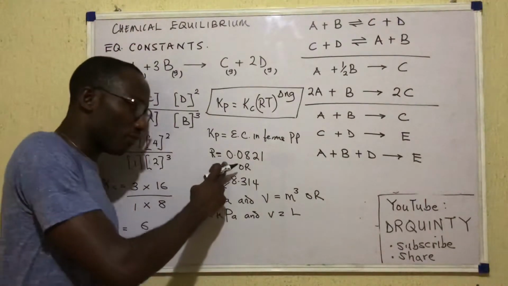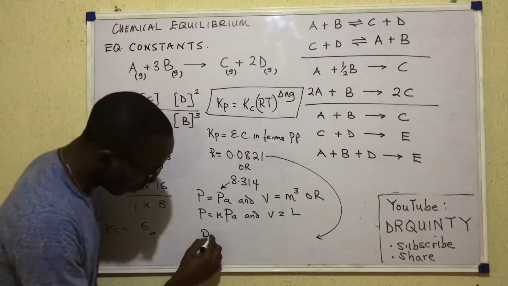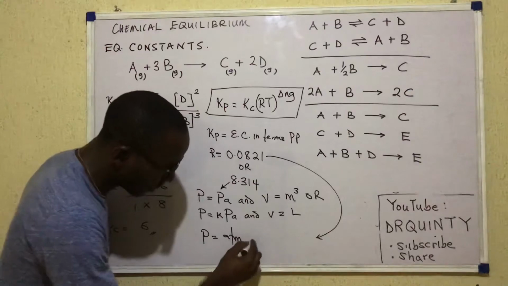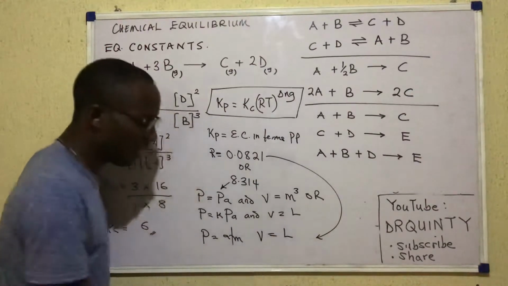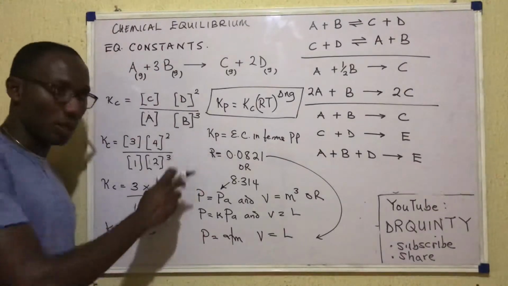Whereas the first value is what we use when pressure is in atmospheres and volume is in liters. So pressure in atmospheres, volume in liters, we use this one.